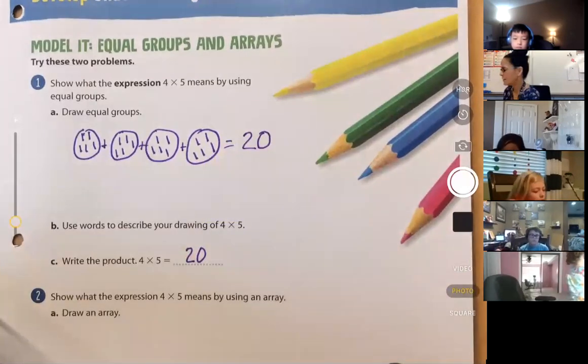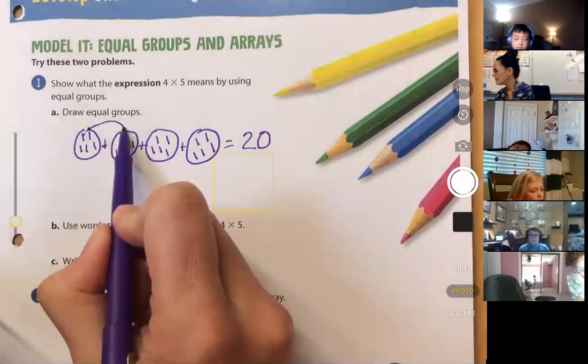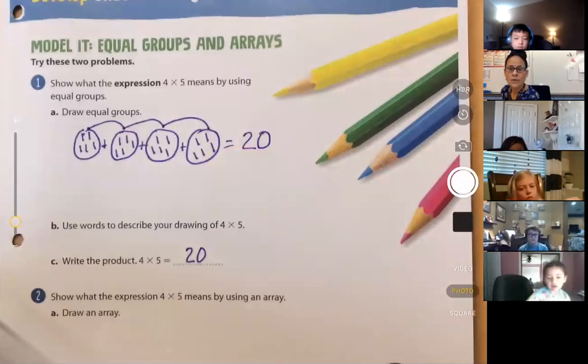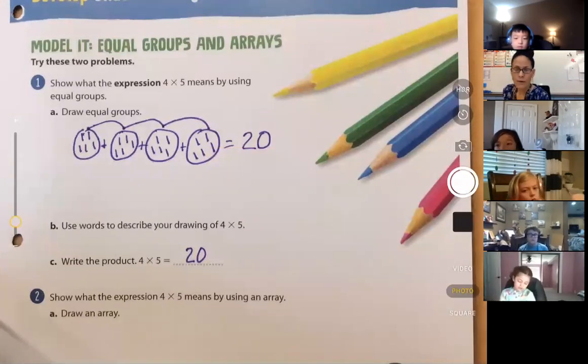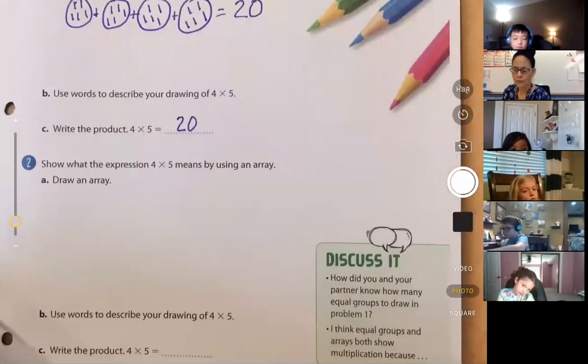With the skip counting, 5, 10, 15, 20. So you might want to envision like a number line, if you will. Okay, now let's take it down to question number 2.